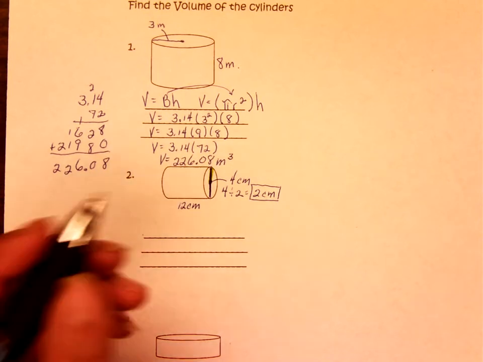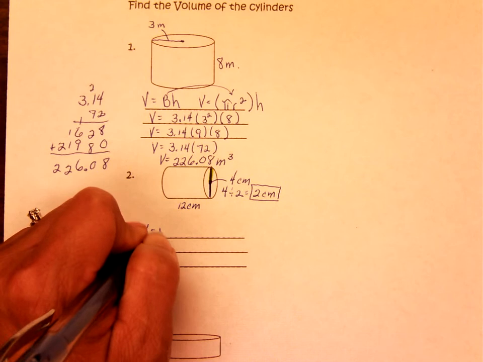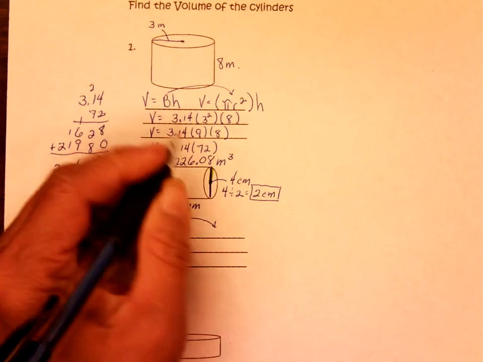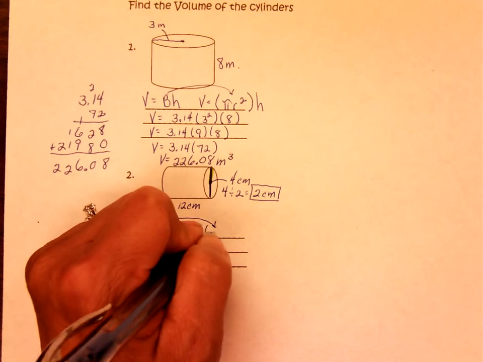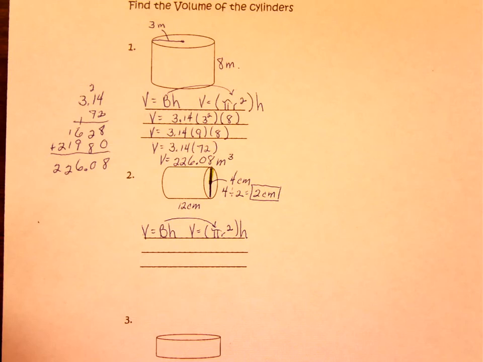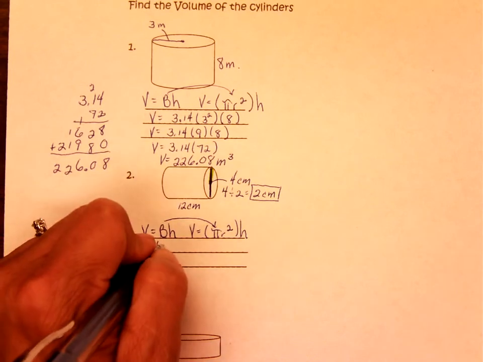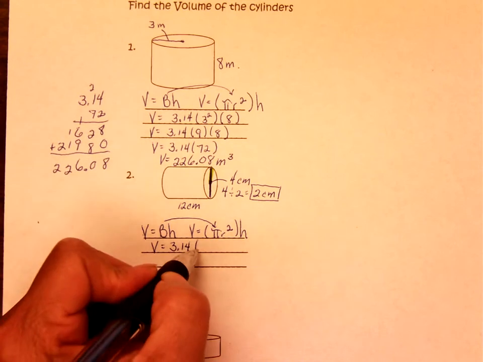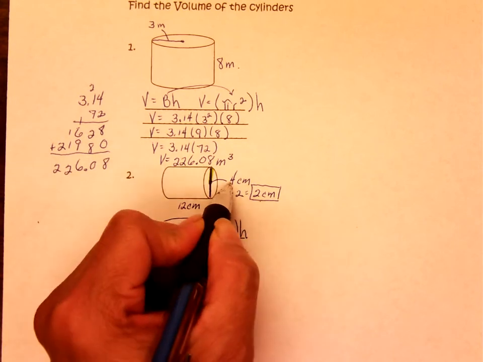All right, so you should have written V is equal to capital BH. You should have told me what replacing capital B was, so V is equal to pi r squared times h. Then you have V is equal to 3.14. R is, remember, we're using 2 centimeters, not 4.